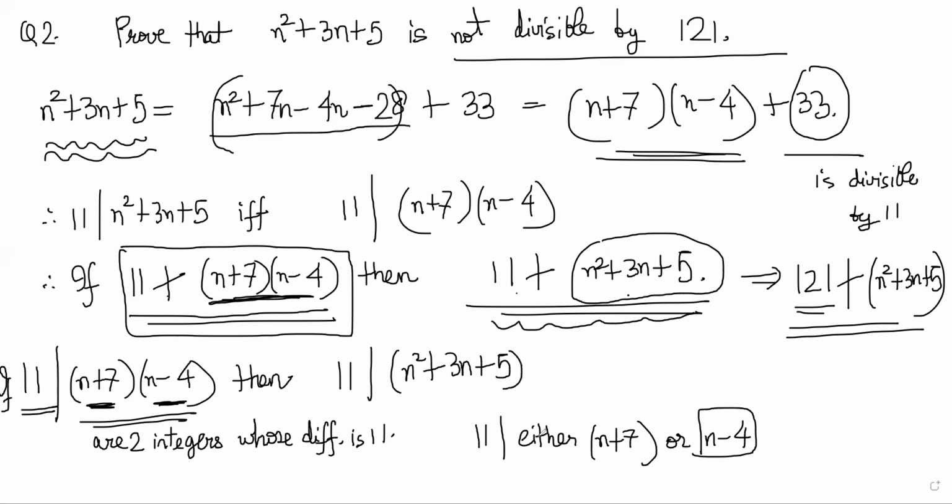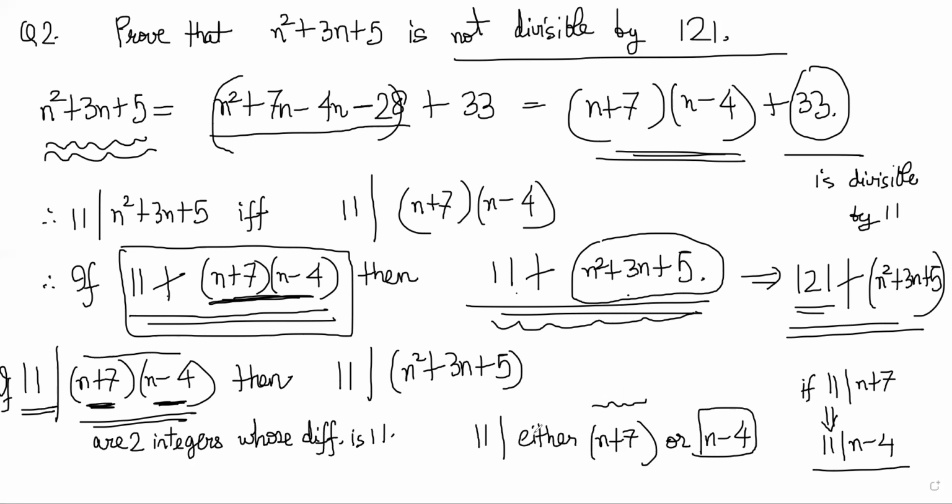So then only the whole product will be divisible by 11 if it divides either one of those two factors, right? But suppose let's assume that it divides n plus 7, but then it will also divide n plus 7 minus 11, which is n minus 4, right? If 11 divides n plus 7, it implies 11 divides n minus 4 and vice versa, because the difference of these two integers is 11.